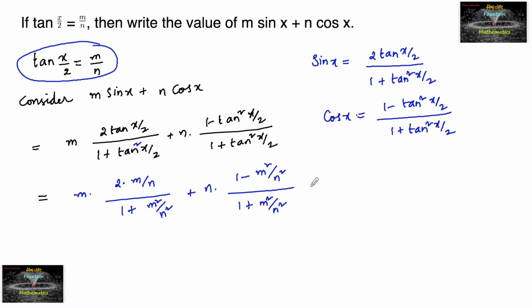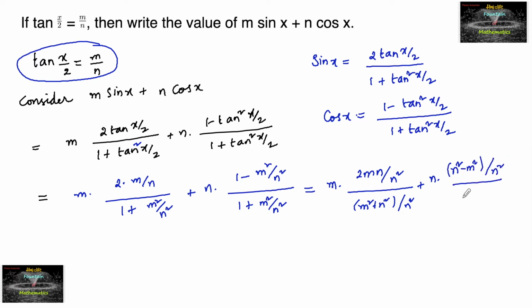So which is equal to m into 2mn upon n square, divided by m square plus n square upon n square, by taking LCM, plus n times n square minus m square upon n square divided by m square plus n square upon n square.